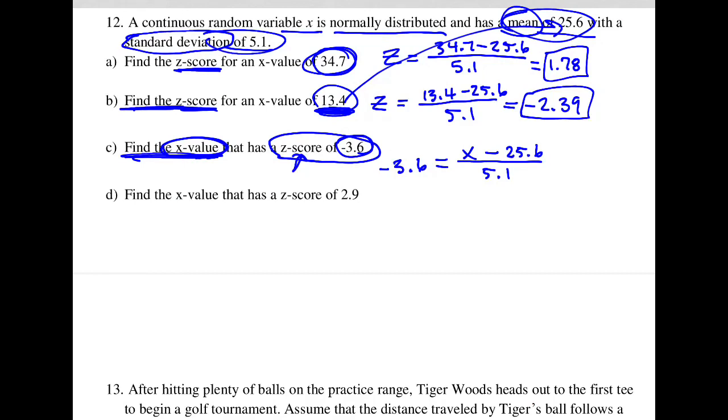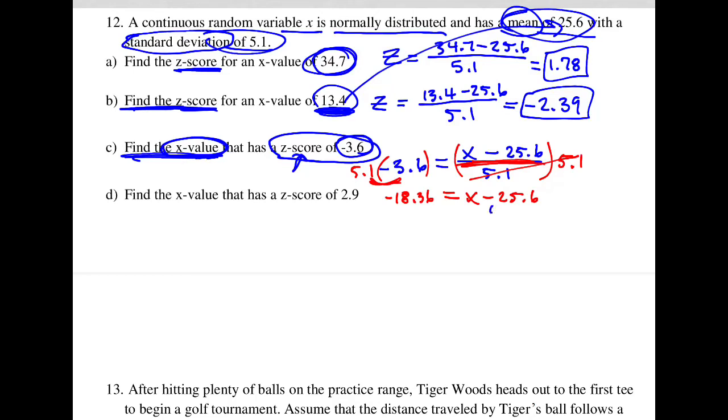So the first thing we're going to do is undo the 5.1 by multiplying by 5.1. So remember, the line means dividing. So if you're dividing by 5.1, the inverse is to multiply. And we get rid of our 5.1s, and we can multiply these two. And we get negative 18.36. Now that's equal to x minus 25.6, because we bring down anything we haven't used.